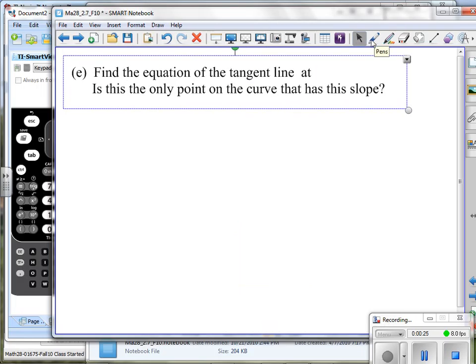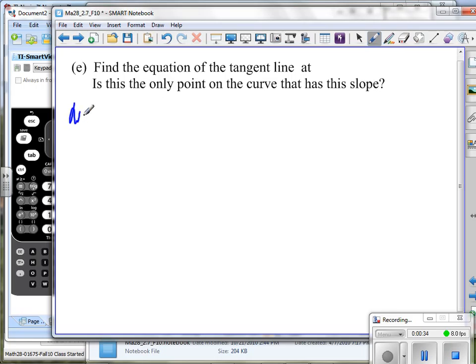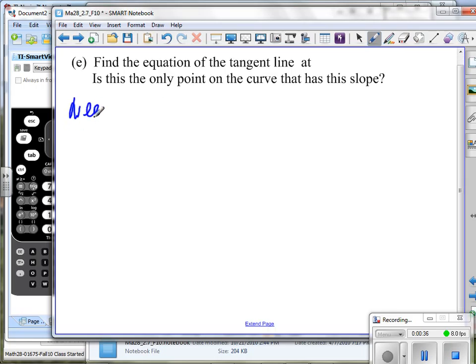What do we need in order to write the equation of a line? We need the slope and a point. This was at x equaling the square root of 5.